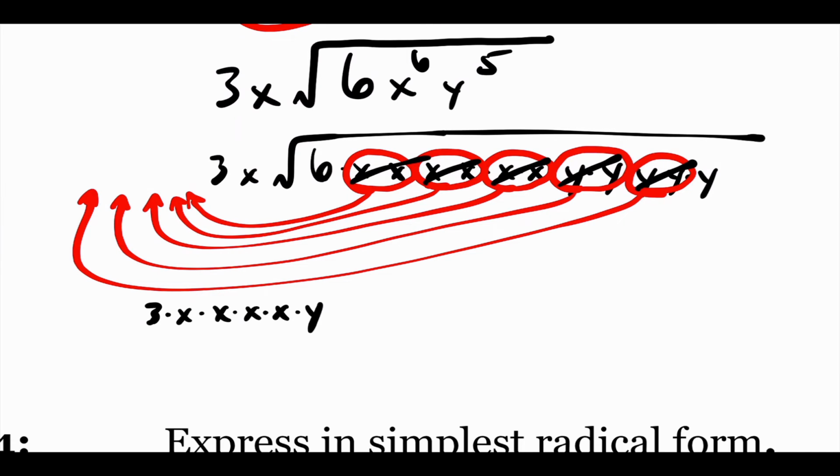And 2 y's. One was already in front. So I had 3 x's I took out, and I have 2 y's that I took out. What's left underneath? 6 and y, right?